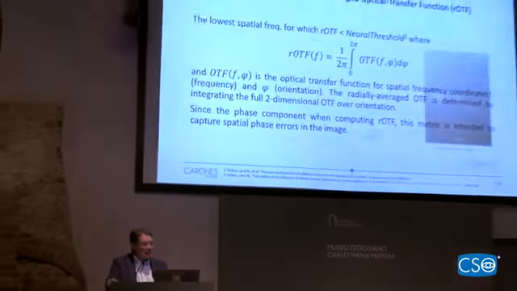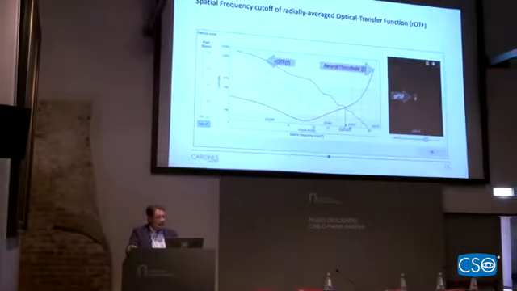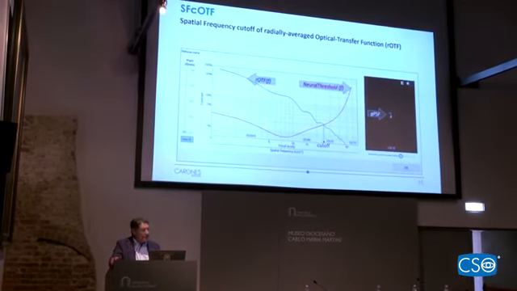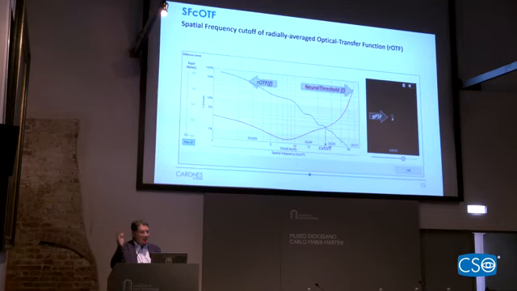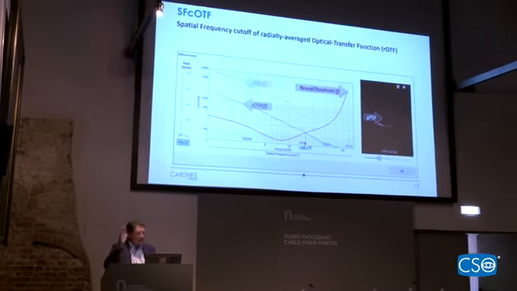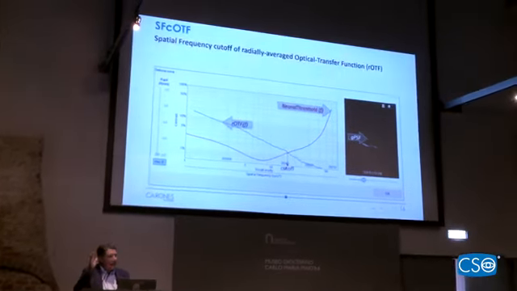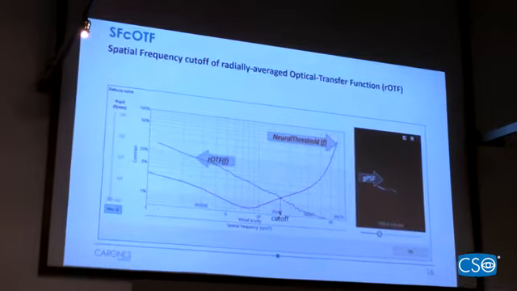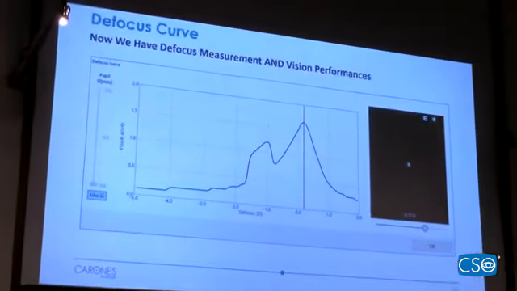But the most important point is that the spatial frequency cutoff of radially averaged optical transfer function gives us the possibility to give a cutoff on this kind of measurement and define what the performance of visual acuity may go through. And you see here what we have at the end.